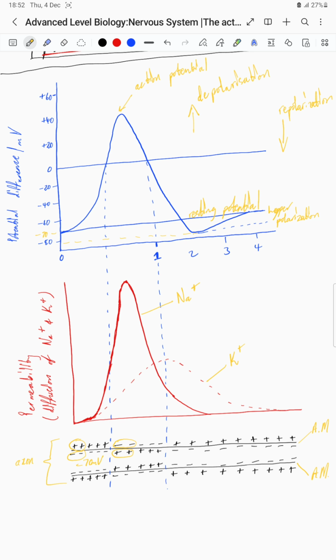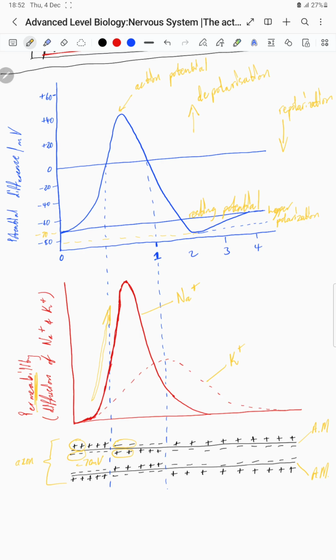So let's go to the red graph. We have this graph of the sodium ions rising up. This means the permeability of the sodium ions has become more. The gates of the sodium ions have been opened.